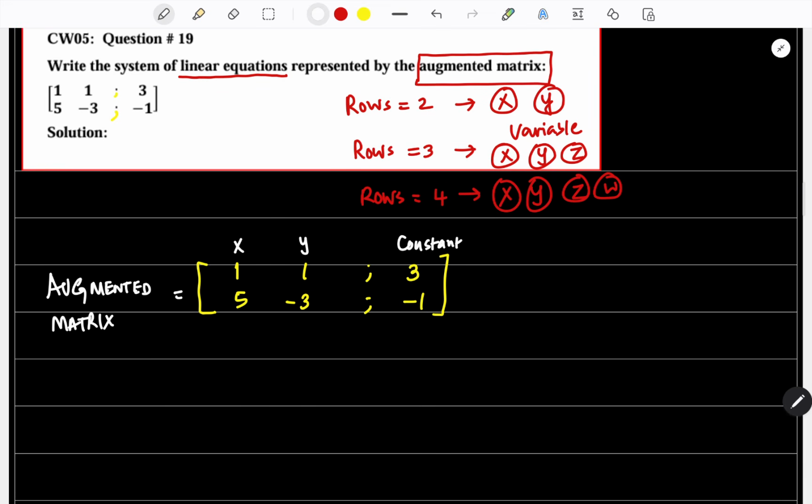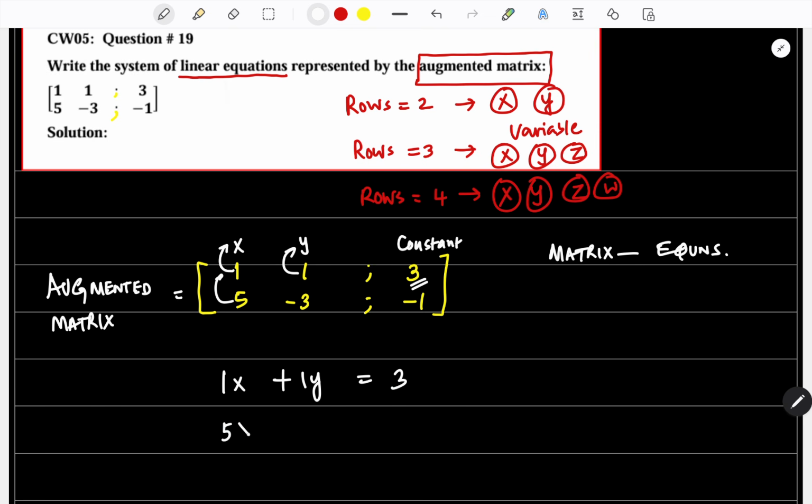Now what is the question? The matrix is given, and you are supposed to write what? Equations. Just multiply this: 1x plus 1y equals the constant 3.